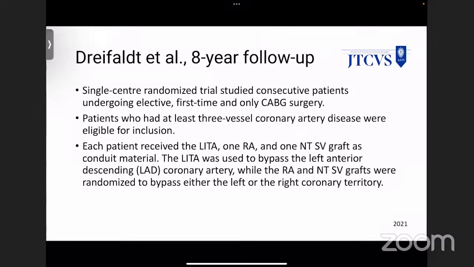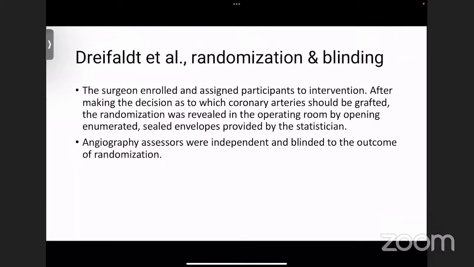Essentially, after making the decision as to which coronary arteries they were going to graft, they didn't reveal what they were going to use to graft what until they were in the OR. So it was randomized as to which of the vessels they were going to graft with the saphenous and the radial.